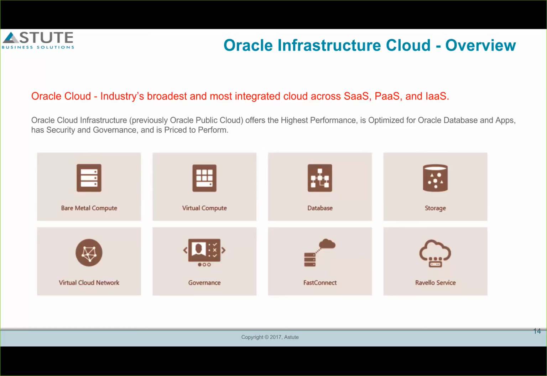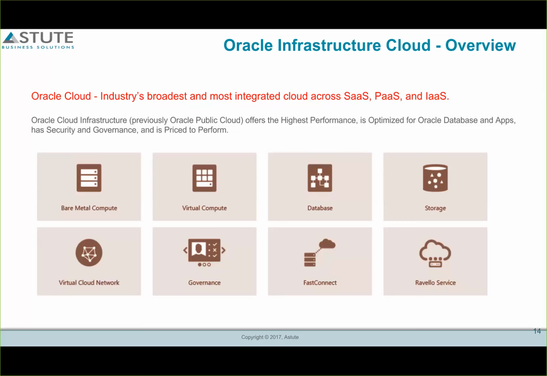You have regular storage. You have virtual cloud networking capability. So whatever networking configurations you have on-prem, you can replicate that or make it better using Oracle Virtual Cloud networking capability and software-defined networking tools. You have governance, so you have the ability to audit and monitor all of your systems on cloud.